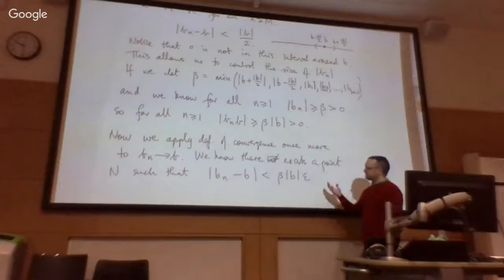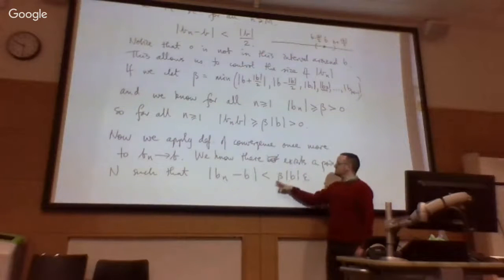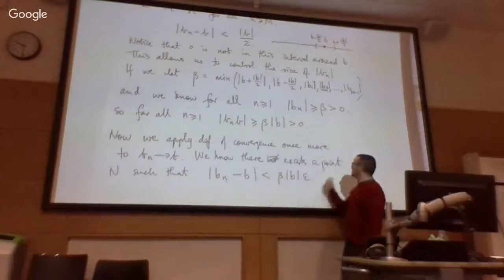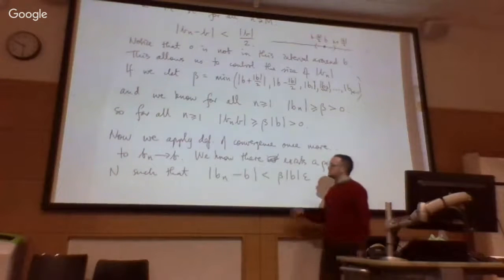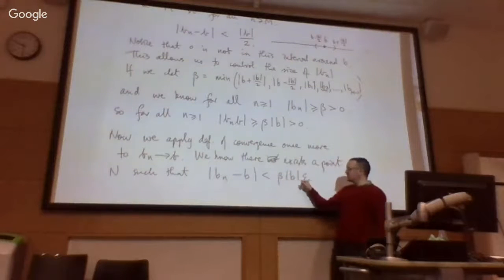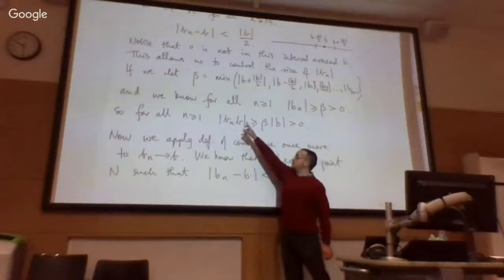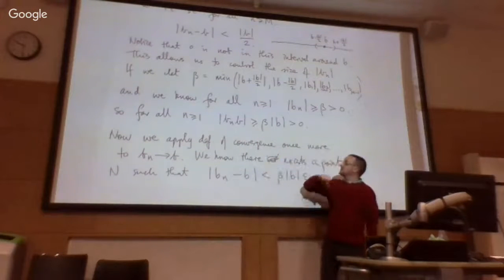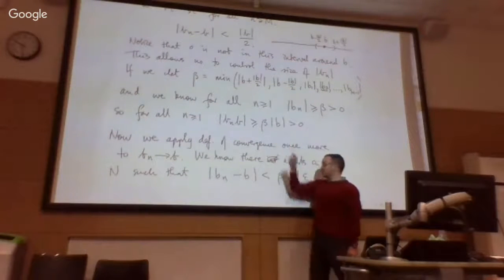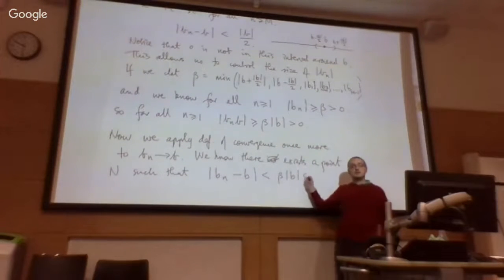So I'm free to choose this as my measure of closeness to the limit B. And I know that there exists some point capital N such that this absolute value is always strictly less than beta absolute value of B times epsilon, just the product of these three numbers. The reason I've chosen the product of these three numbers is that when I divide this quantity by absolute value of Bn over B, this is always bigger than beta absolute value of B. So these two are going to cancel with these two above the line, and I'll just be left with the epsilon.